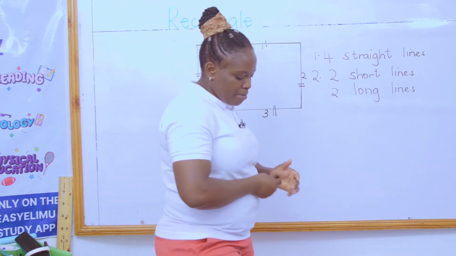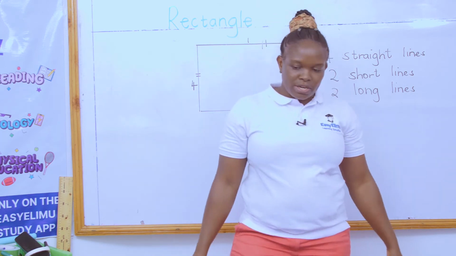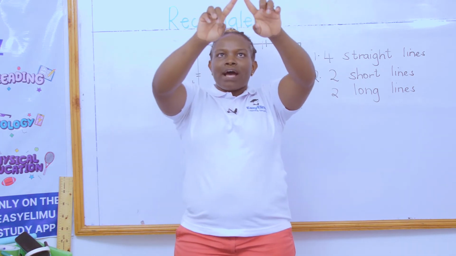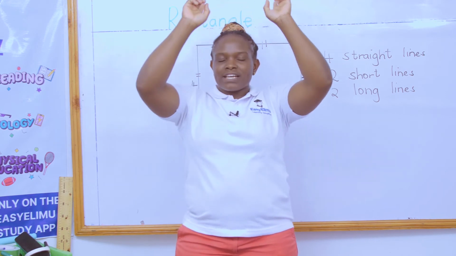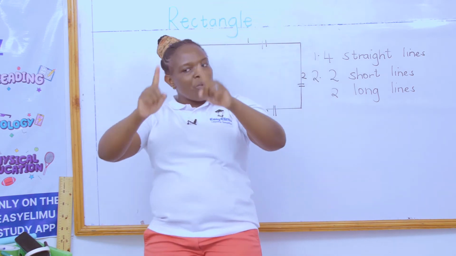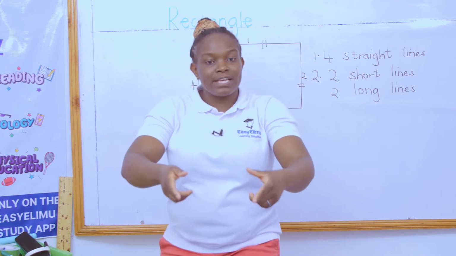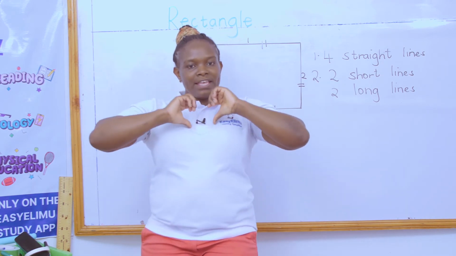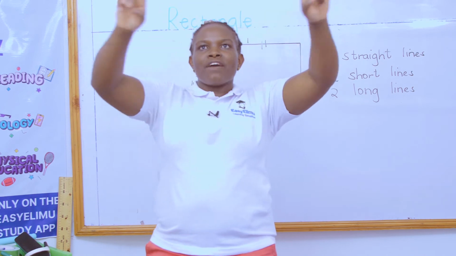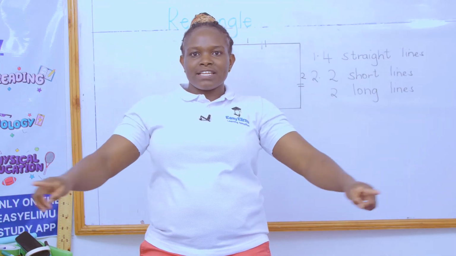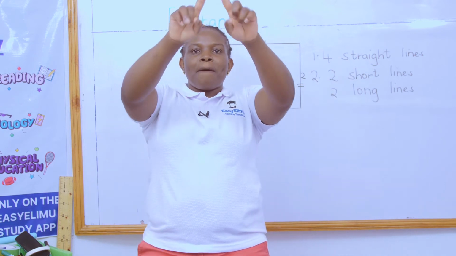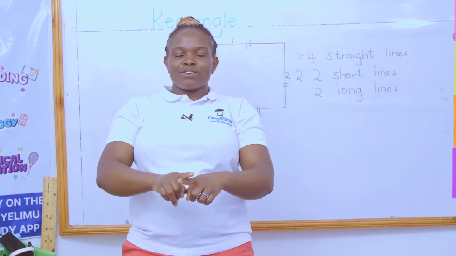Now, are you seeing how we are drawing Mr. Rectangle? And remember, when we talk about Mr. Rectangle, he has 2 long sides. That's why my hand goes up to the end. Mr. Rectangle, where are you? Then he says, here I am, with my 4 sides. Draw the rectangle in the air.